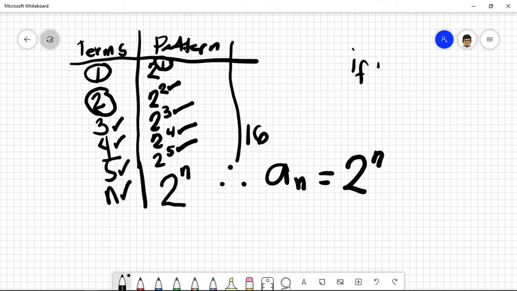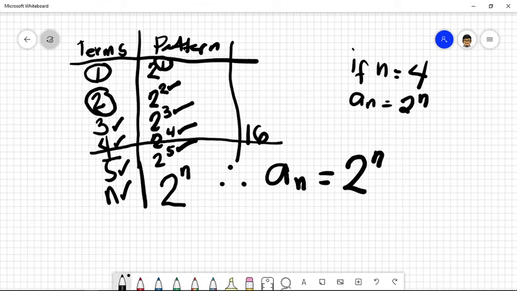If n is equal to 4. Kasi yung hahanapin mo yung pang fourth term. Okay. If n is equal to 4 and your general term is a sub n is equal to 2 raised to n, substitute the values of n by 4. Magiging a sub 4 is equal to 2 raised to 4.